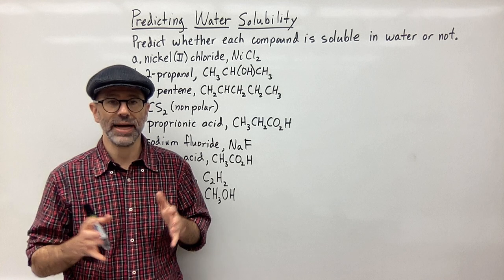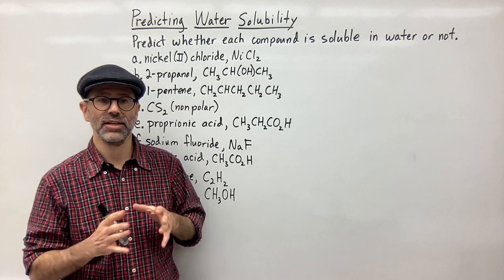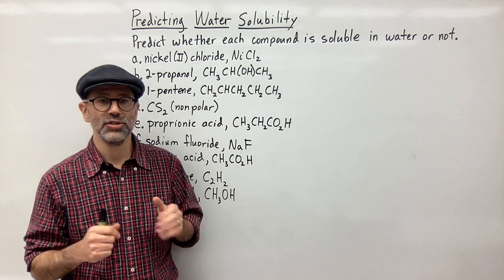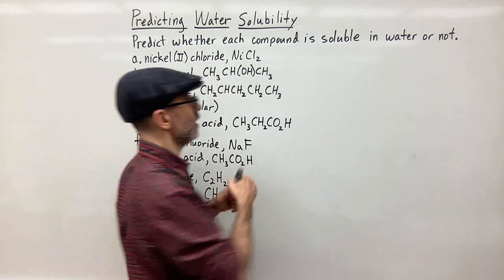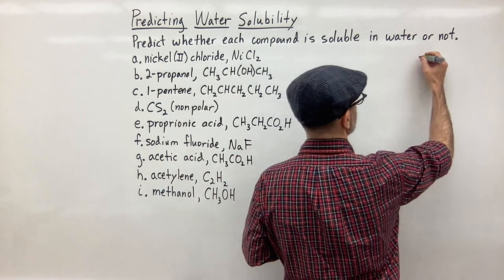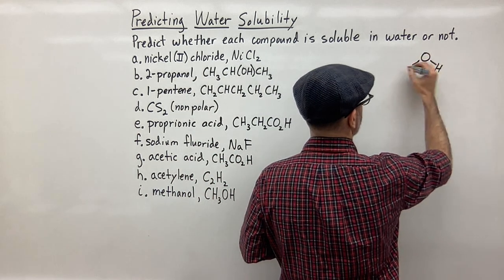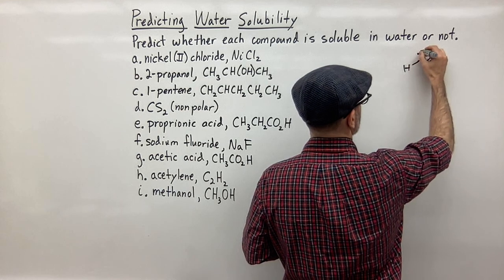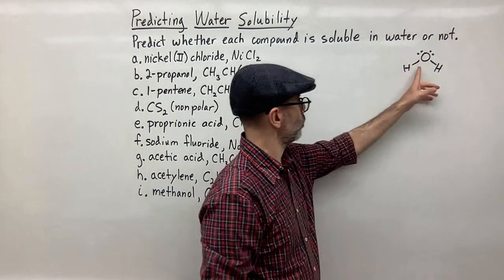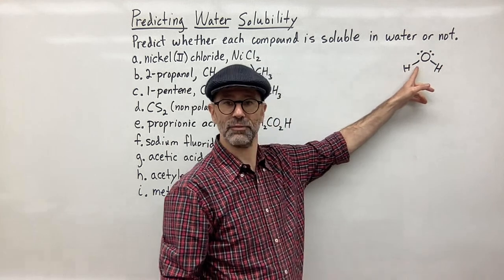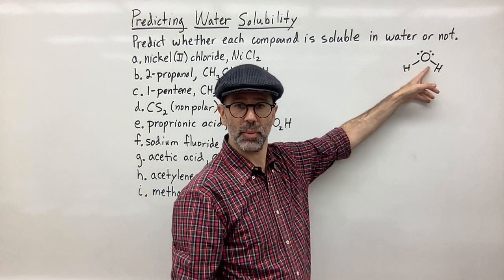So keep in mind, water is made up of H2O, and therefore it is a polar molecule. It's got polarity because the difference in electronegativity indicates that you have a polarity in the bonds.